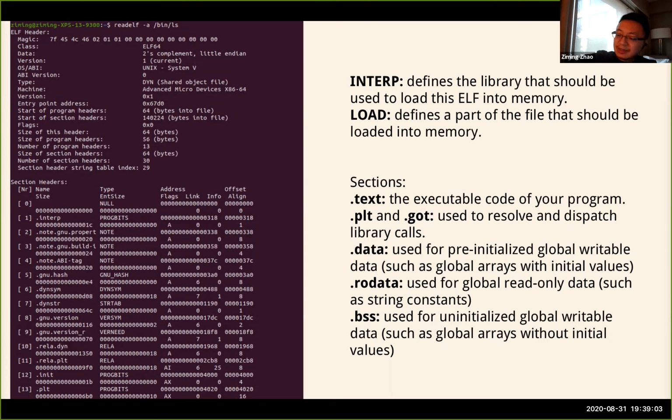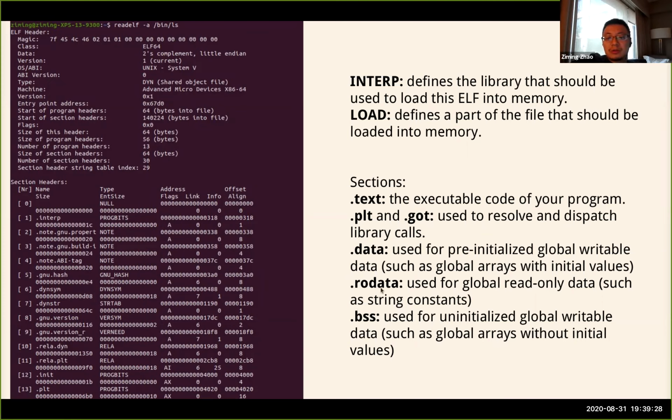So the loader doesn't have to copy anything from the binary to memory because there's no initialized value. It does have to reset that memory, though. By the C standard, uninitialized data has to be 0. So it has to reset that to 0, but it doesn't have to load anything.